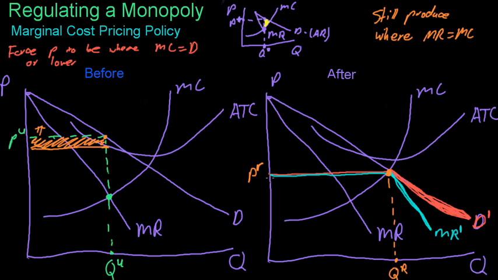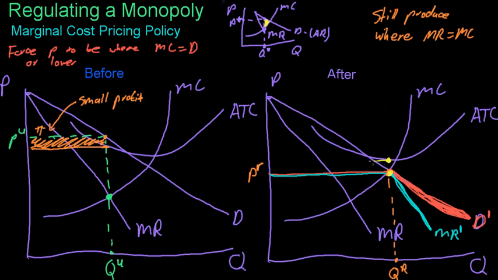Now here's the problem with a marginal cost pricing policy. Whereas the monopoly was earning a small profit over here, so let's say this is a small profit, and I don't know, it could be gigantic, but just in this diagram it looks kind of small. Over here in this other diagram, and we'll do this in yellow, the monopolist is earning a loss because average total cost is above average revenue.